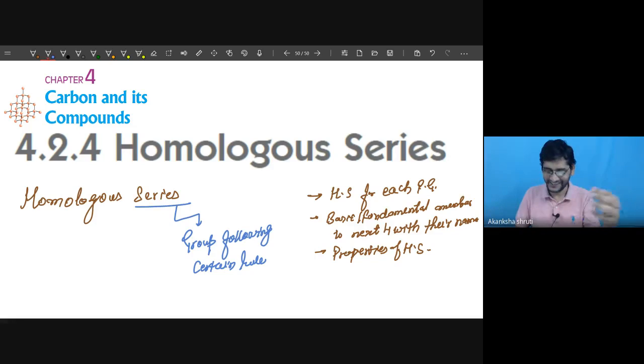We have to understand it. Students, the beauty of our study is that once you understand a thing, whether in maths, physics or chemistry, the same kind of concept is everywhere. So wherever a series is mentioned, you should think of a group which must have some common characteristic or certain rules.